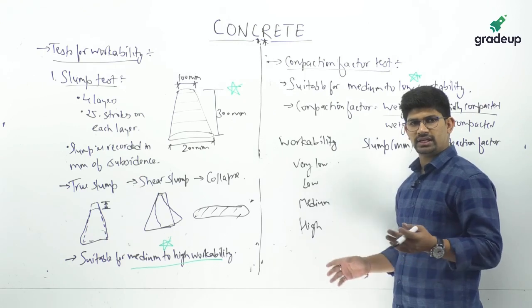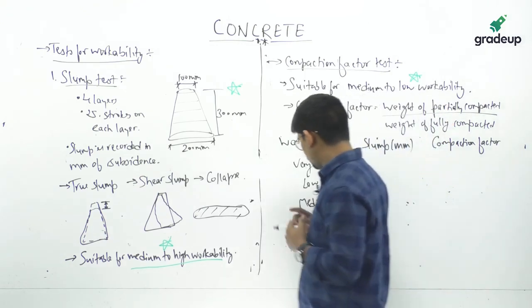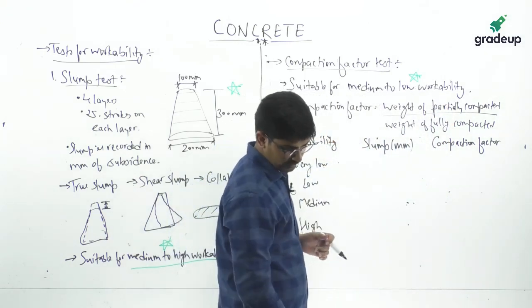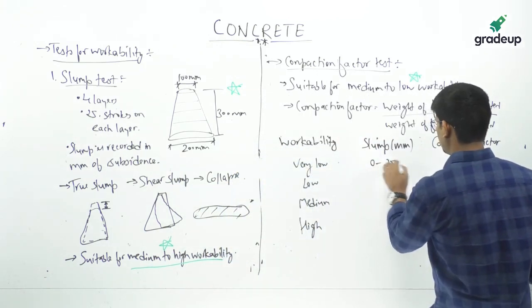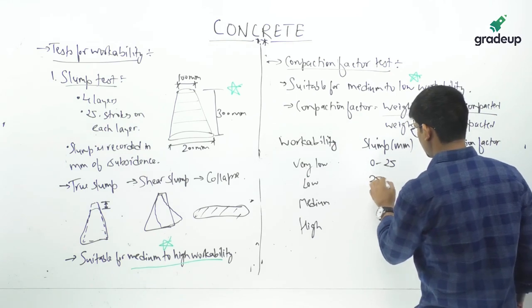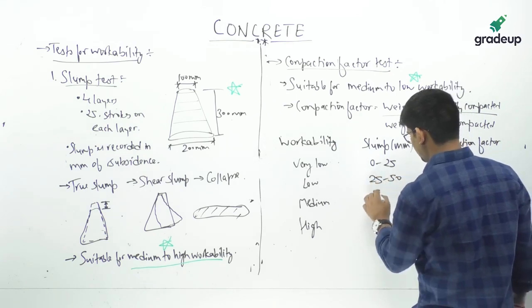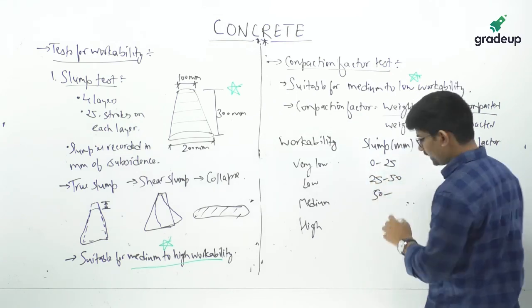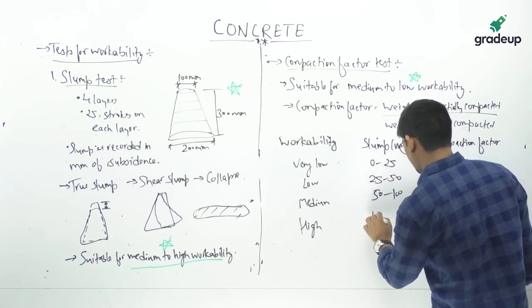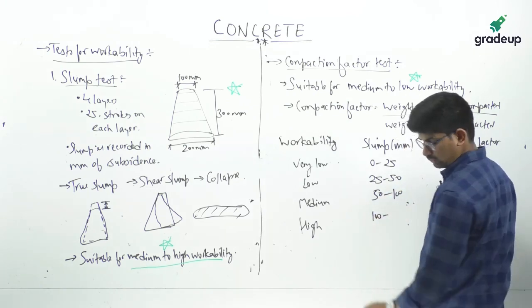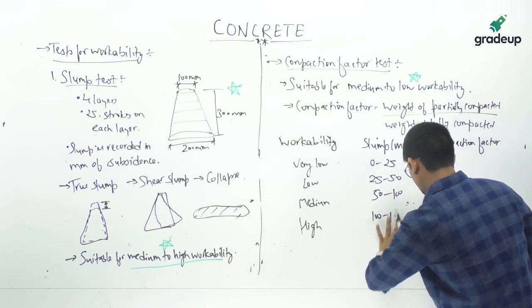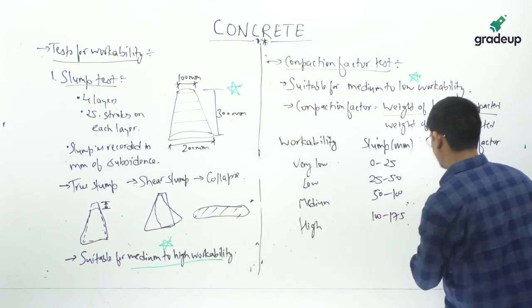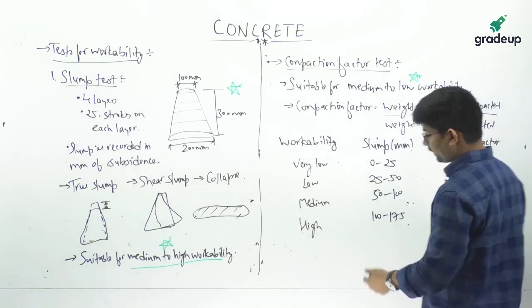For this, another test, that is flow test, is recommended. So slump for very low is 0 to 25 mm. For low it is 25 to 50 mm. For medium it is 50 to 100, and for high it is 100 to 175.